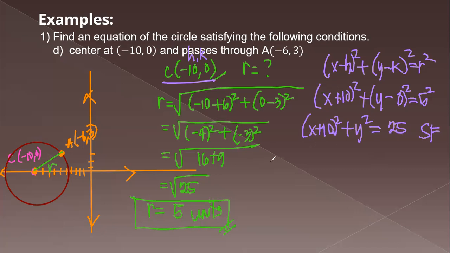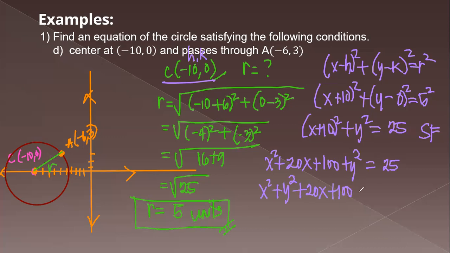Expand the binomial. We have x squared plus 10 times x is 10x times 2, that is 20x, plus 10 squared, that is 100, plus y squared is equal to 25. Combining like terms, we have x squared plus y squared plus 20x plus 100, move 25 over, minus 25 equals 0.